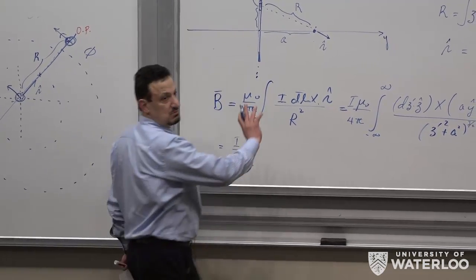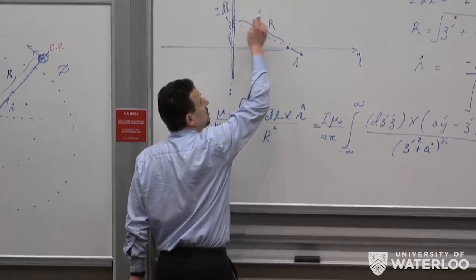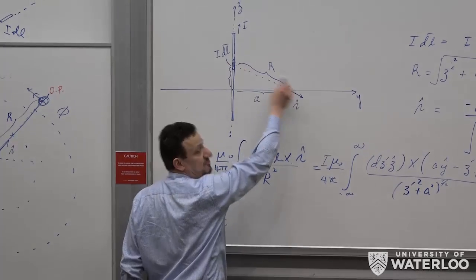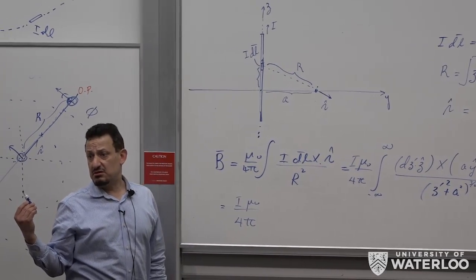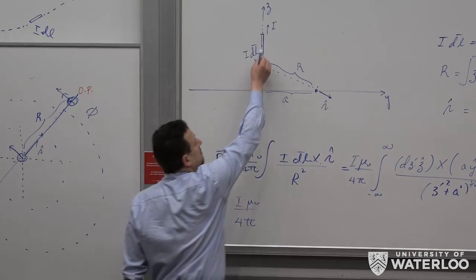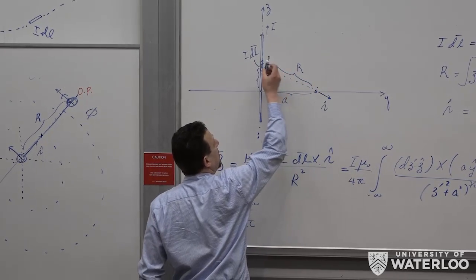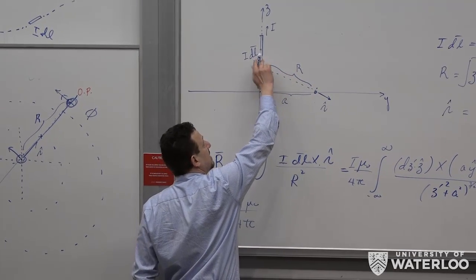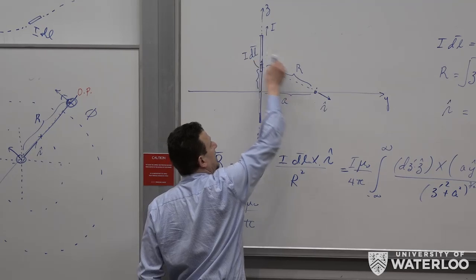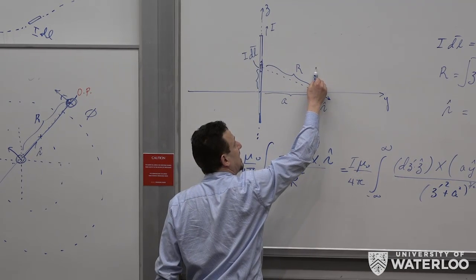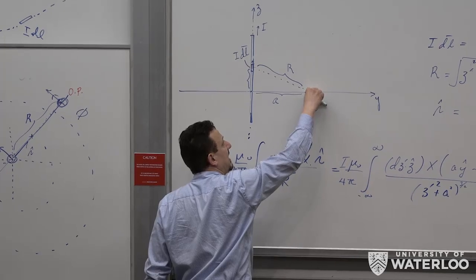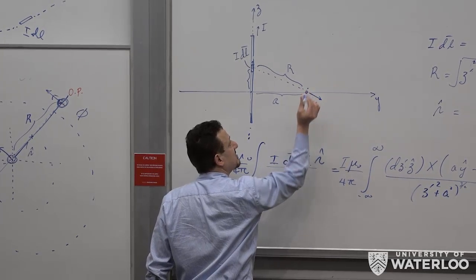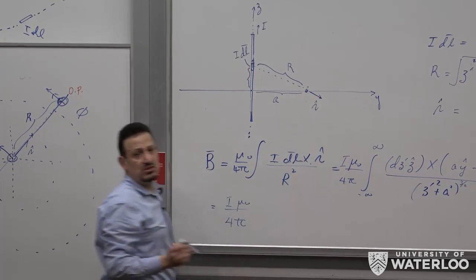One more time. You know, to cross two vectors that are far apart, you bring one next to the other one. It's the same thing. So I can move this here or move the r here. So I'd rather, just for convenience, move this here. So I have Idl. If I cross it with this r hat, I will get a vector into the board, right?